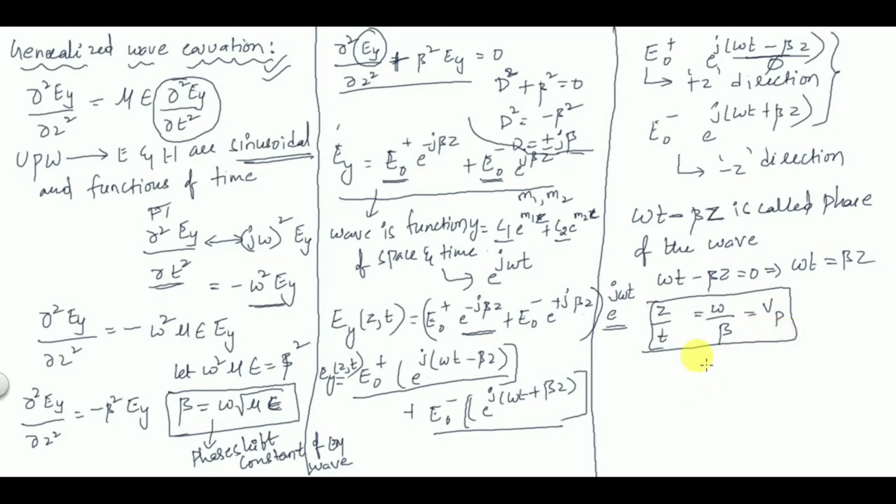This is called the phase velocity of the wave. This is one of the points you have to remember; it is a very important formula. Vp is equal to omega by beta.